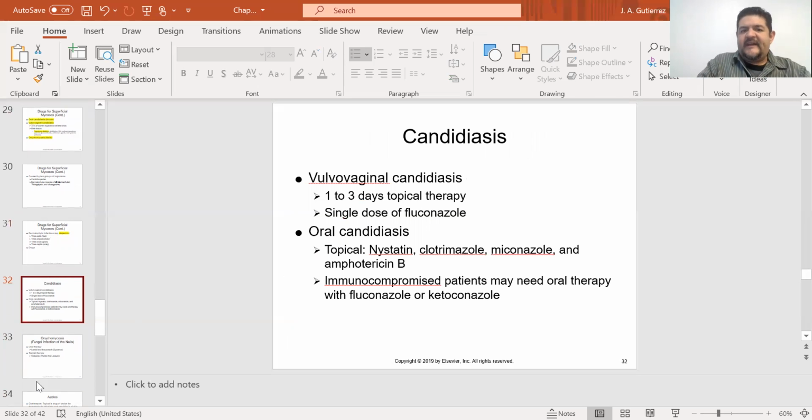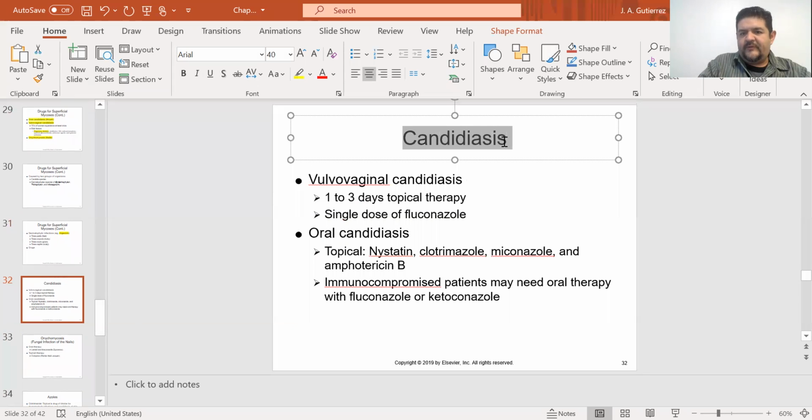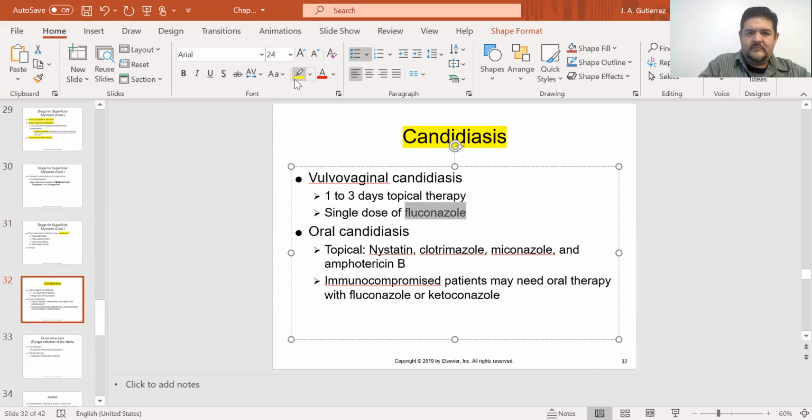Regarding candidiasis, this will be the proper term for this mycosis. We use fluconazole. It's an azole, as we talked about. The highlight of this medication is it's a single dose. So this is very comfortable for the patient, one dose. If we use other antifungals, then the treatment can be 1 to 3 days, and it's topical.